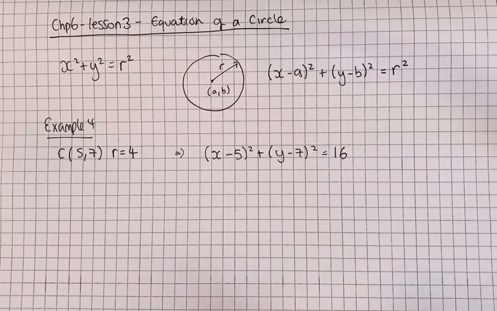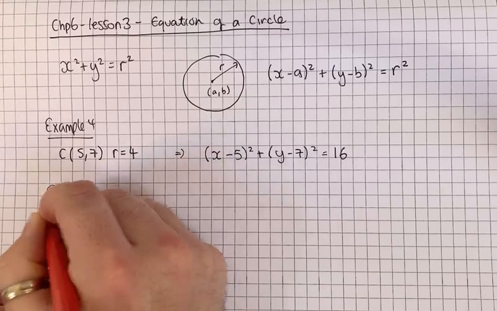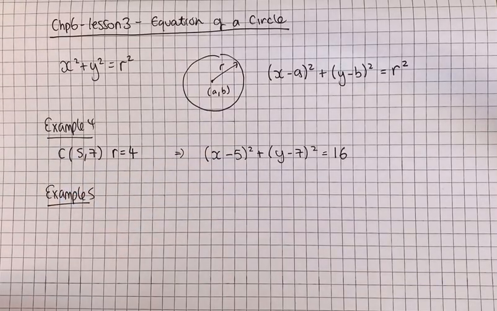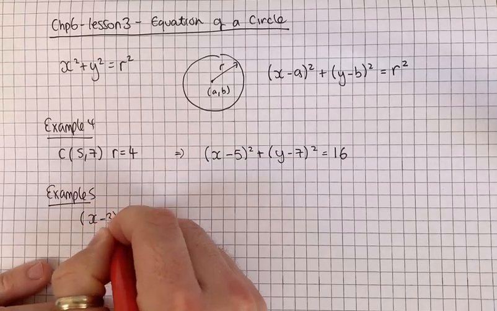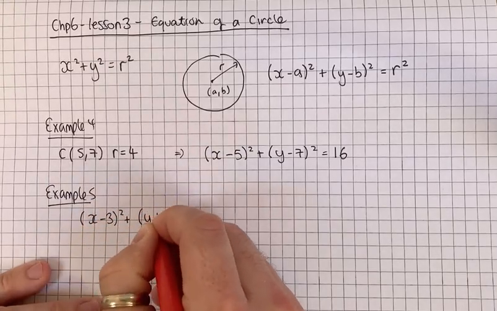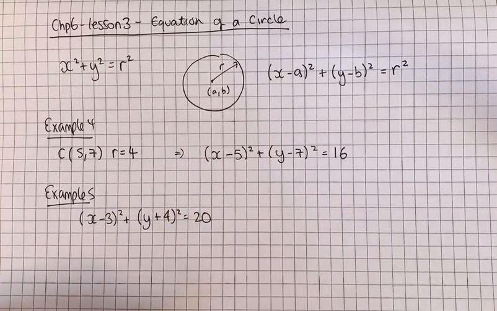So example 5. This says we've got a circle with equation (x take away 3) squared plus (y plus 4) squared equals 20. And part A asks us for the centre and radius of the circle.